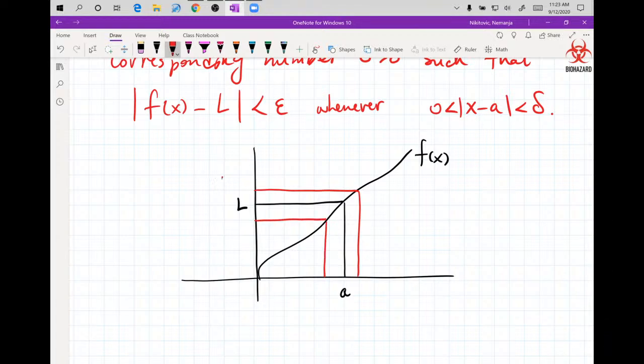And this top one will be L plus epsilon, and this one L minus epsilon. And on the x-axis you have a minus delta and a plus delta for these points here.